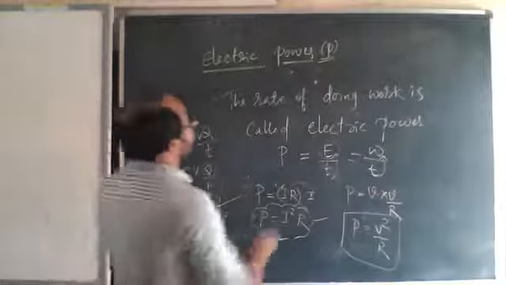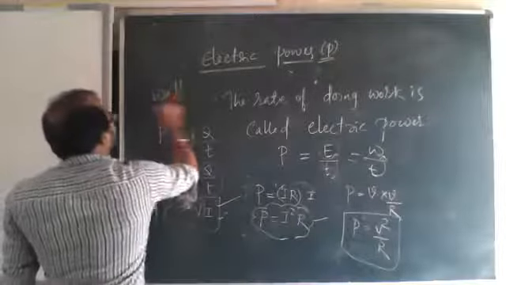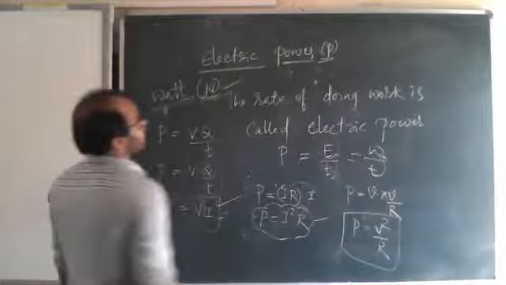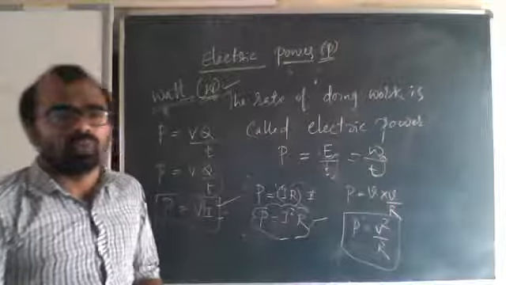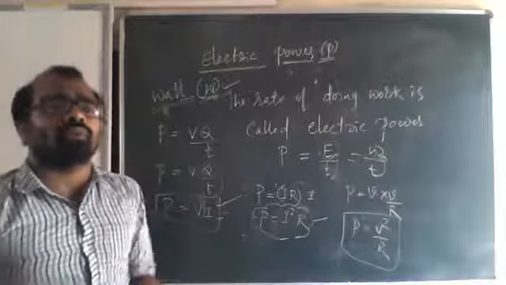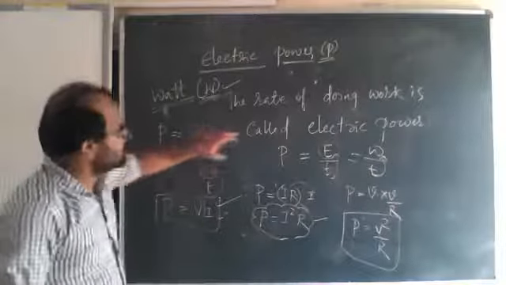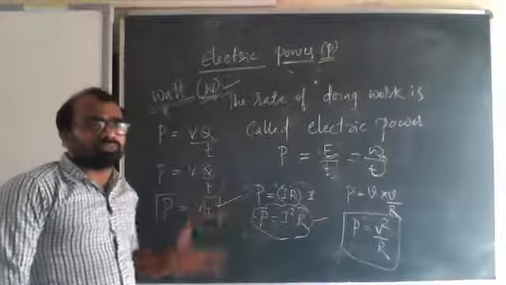So what is the SI unit of power? The SI unit of power is watt, represented by W. Electrical energy is measured in joules and power is measured in watt.